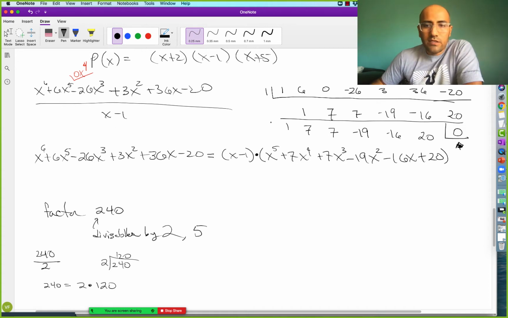We got our resulting polynomial here, our quotient of the division. So that means that the divisor times this quotient equals the original polynomial. Just like here, 240 is divisible by 2, so we divided it, and we get that our result is 120. So that must mean that 240 is equal to the divisor, 2, times the 120.